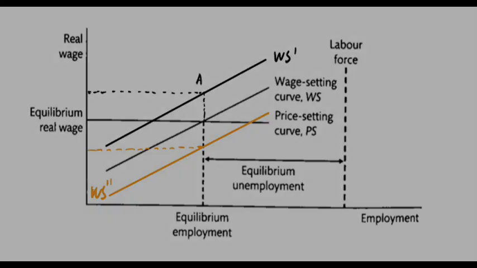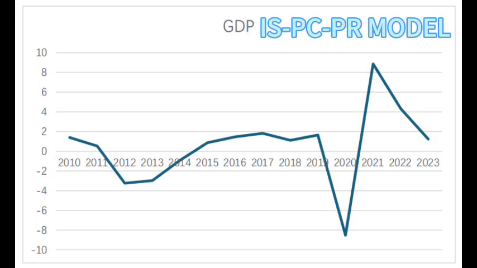My name is Chen Zhuang, and I will introduce how the model has changed during the COVID-19 pandemic. We all know the IS curve implies the relationship between output and interest rates. The PC curve implies the relationship between inflation and unemployment.